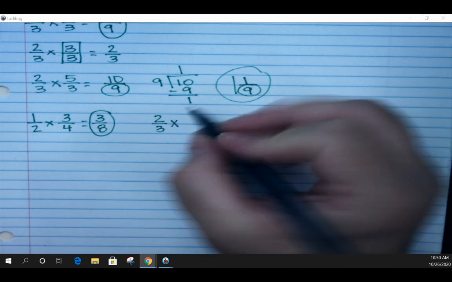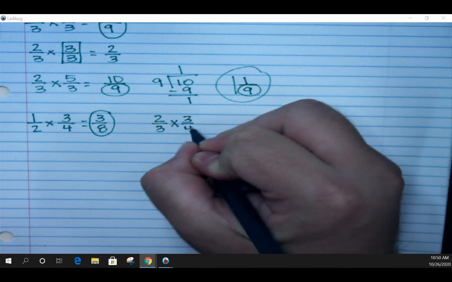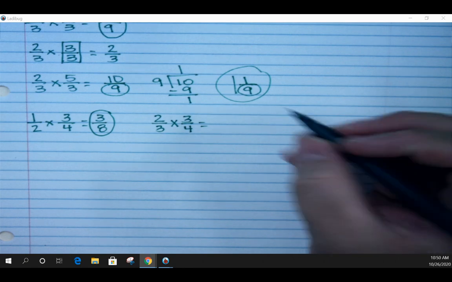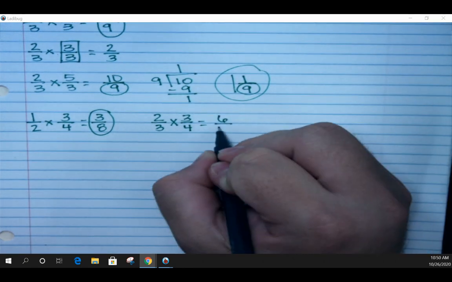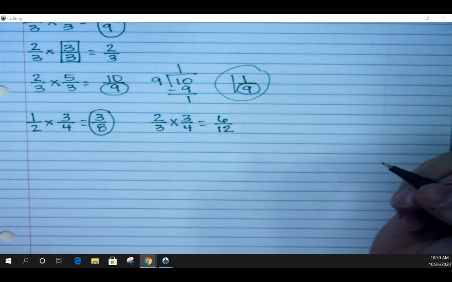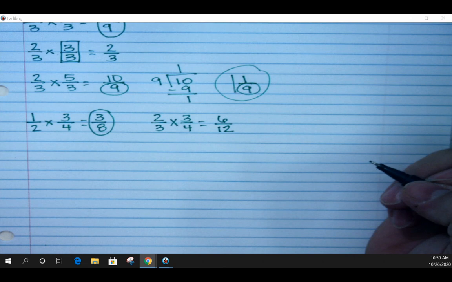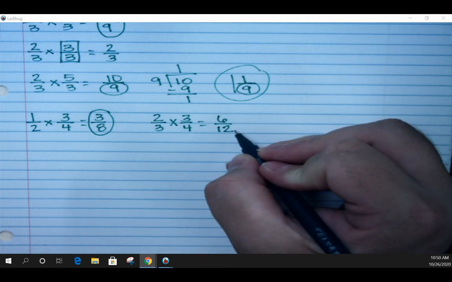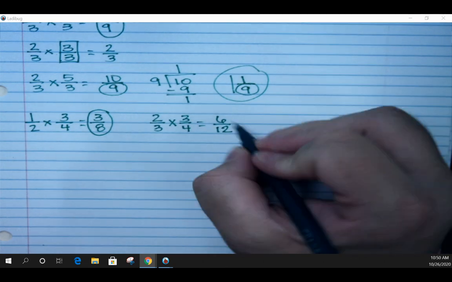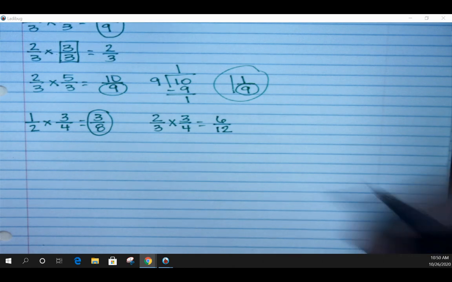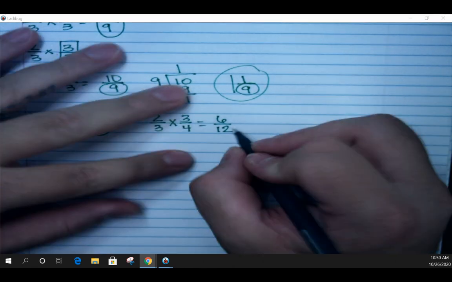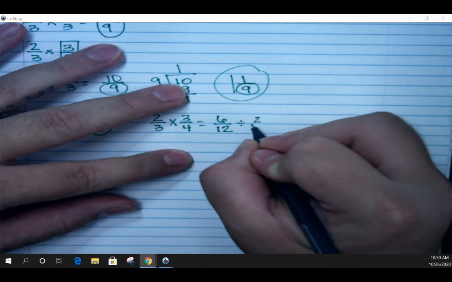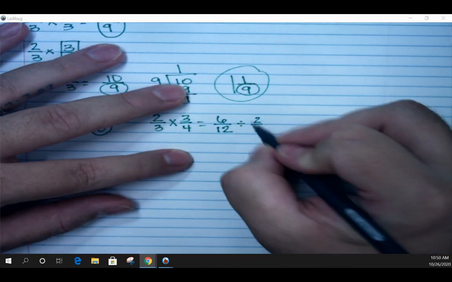2/3 times 3/4. 2 times 3 is 6. 3 times 4 is 12. I can look at 6/12 and know that 6 is half of 12. If I couldn't look at that and know, and listen to me, if you go to simplify and you say, I know that 2 will go into both of those numbers.